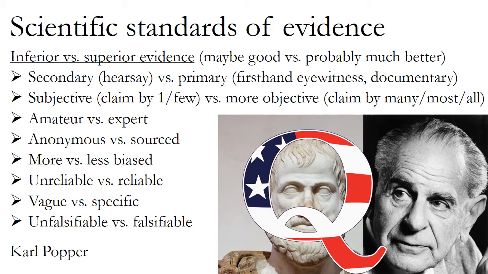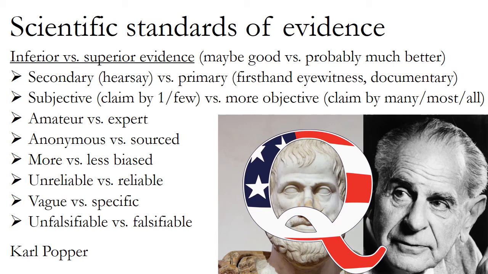Now, I'm going to talk about the QAnon conspiracy fantasy, because it is a clinic in why the scientific standards of evidence work when we use them and help us identify clear falsehoods.